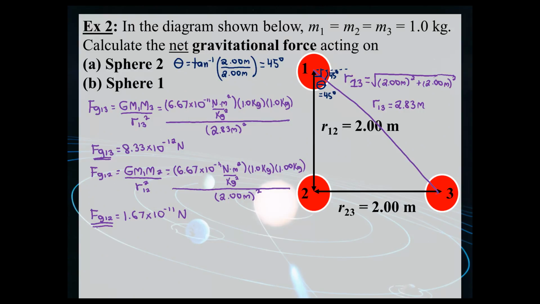Okay, the other one we need to calculate is Fg23, but we don't need to actually calculate it.